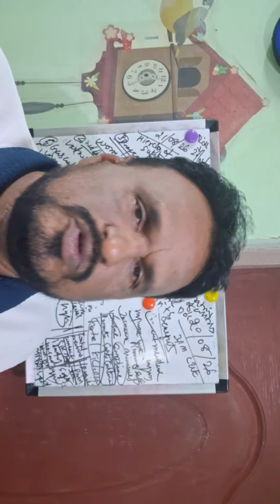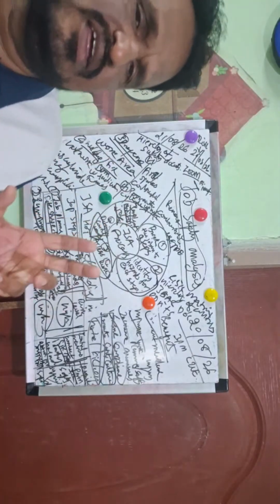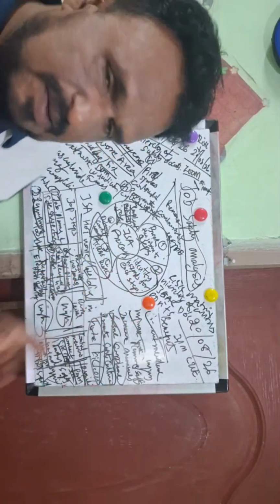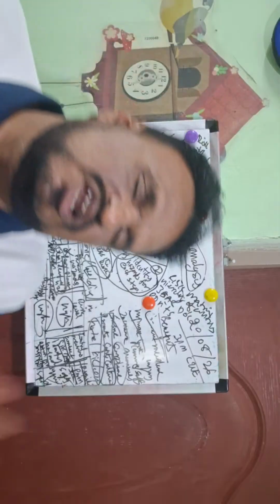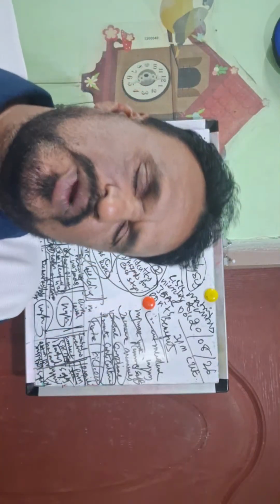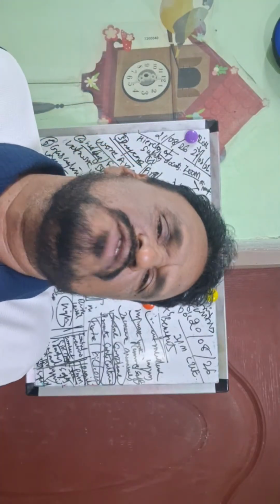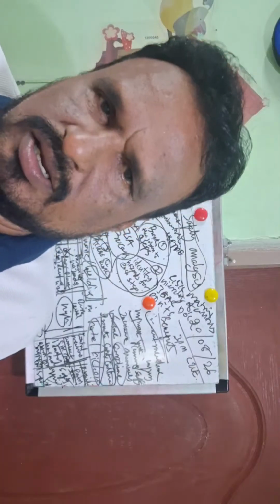You have to submit it to their office. Then the safety department will verify everything, whether the job safety analysis and the permit to work system are properly done or not. Then they will give permission for the work.